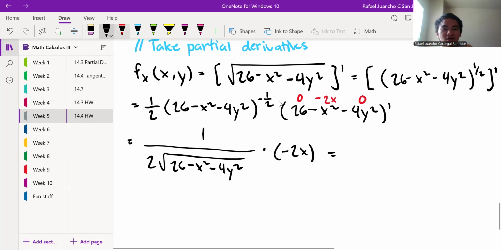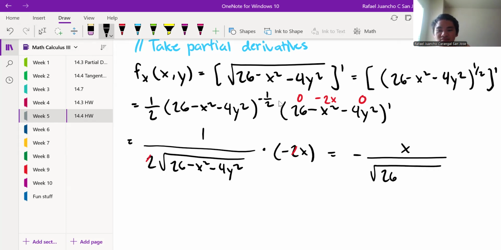And there we go. Now we can cancel my negative 2, just my 2. And so I get negative x all over this thing. And we're done, right?